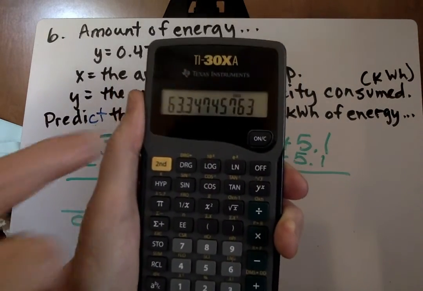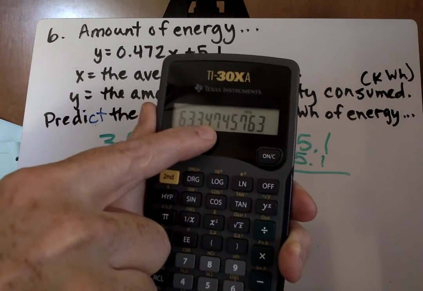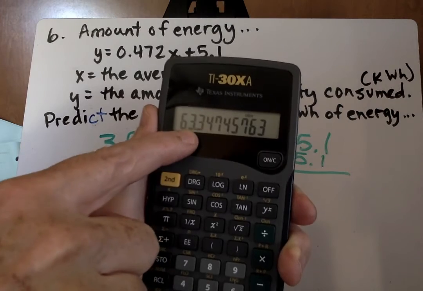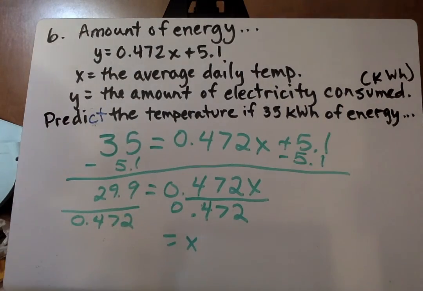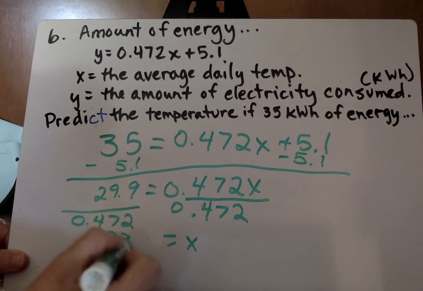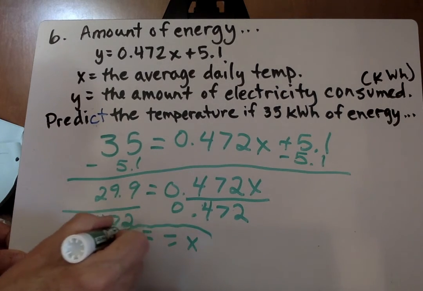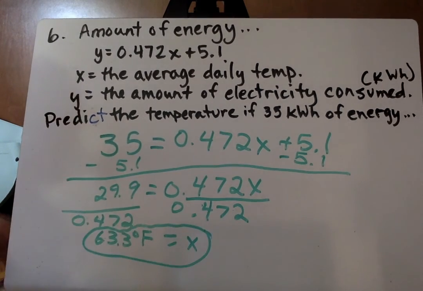That's a big old long number. We're going to round to the nearest tenth, so we look at the hundredth. That's a 4, so since it's not 5 or higher, I'm going to say 63.3 degrees. And I think it's in Fahrenheit, so right there would be our final answer.